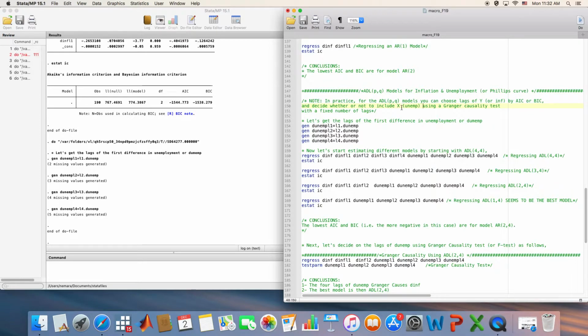This is what people usually do. They decide on this part based on AIC or BIC, and once they get it, as we already did here, you would decide about this part using Granger causality.